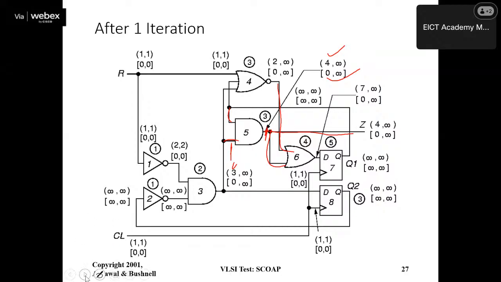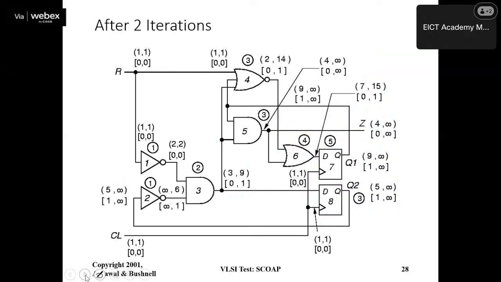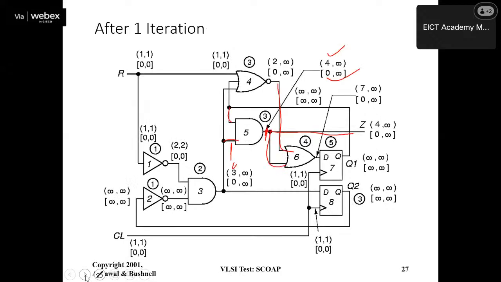Let us calculate for the next one. The next one is the NOR gate. If I have both of the inputs, yes, both of the inputs of CC0 are available. So it means I can calculate the CC0 for the OR gate. CC0 for the OR gate is the sum of CC0 of this and CC0 of this. So 4 plus 2 is 6 plus 1 more because of the level change. So this becomes 7 comma infinity and 0 comma infinity.